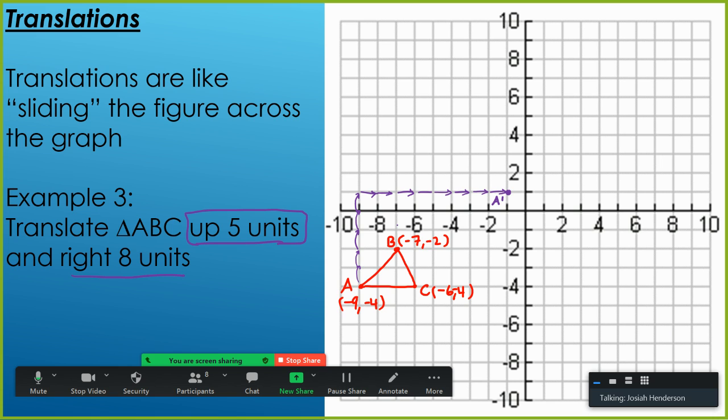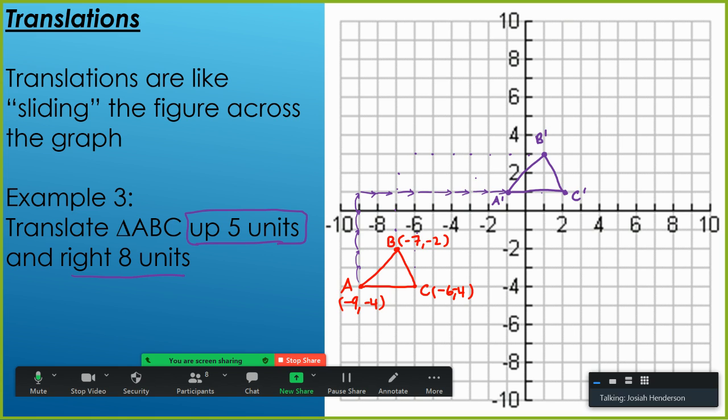So now let's do that for B. So up 5, 1, 2, 3, 4, 5, and over 8, 1, 2, 3, 4, 5, 6, 7, 8. So it should have the same dimensions as the original ABC. On a picture like this, it's pretty intuitive and easy, I think, to just count up and over following the directions they give you for the translation.